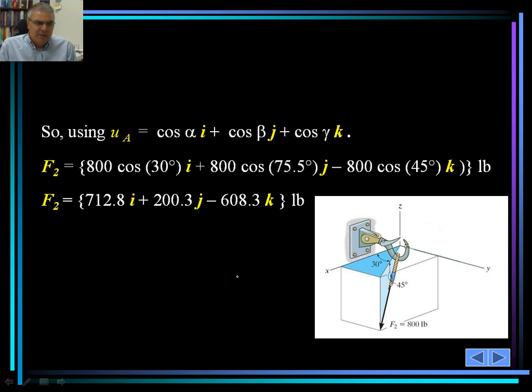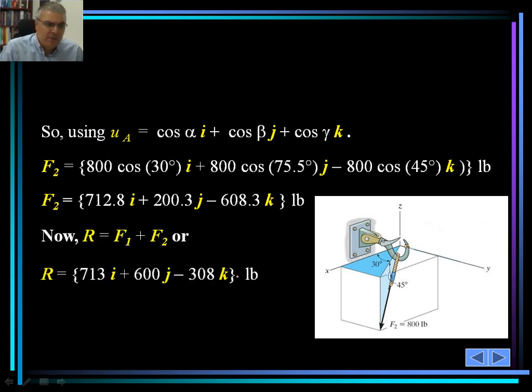As a result, knowing angles alpha, gamma, and the one that we just found, beta, we can simply take the cosine of those angles for the i, j, k components and multiply them by the magnitude of F2, which is 800 pounds.